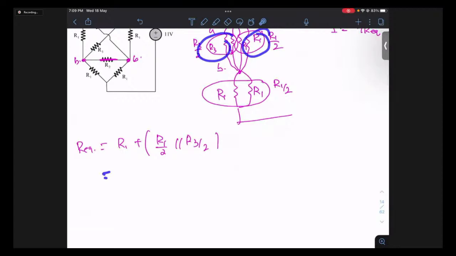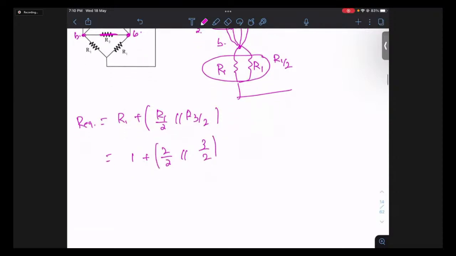You can substitute the values of R1, R2, R3 which are given. R1 is given 1, R2 is given 2, and R3 is given 3. This is 1 plus 1 parallel with 3 by 2. So this happens to be 1 plus 3 by 2 divided by 1 plus 3 by 2.